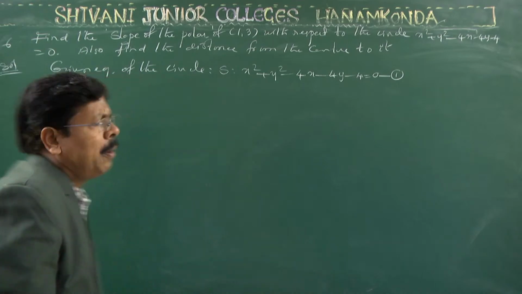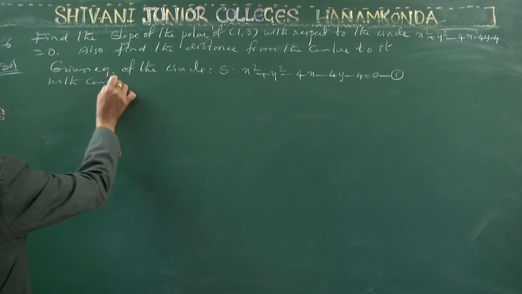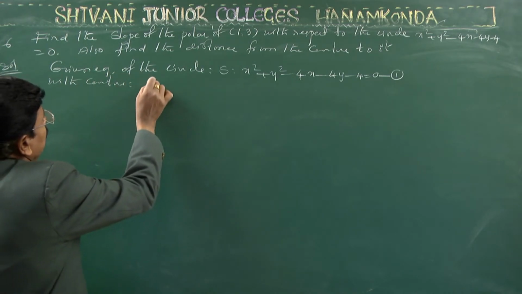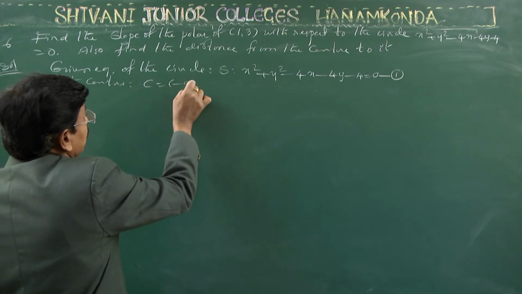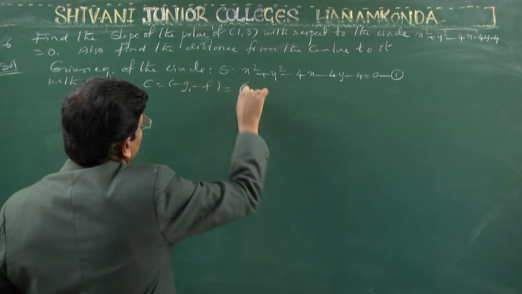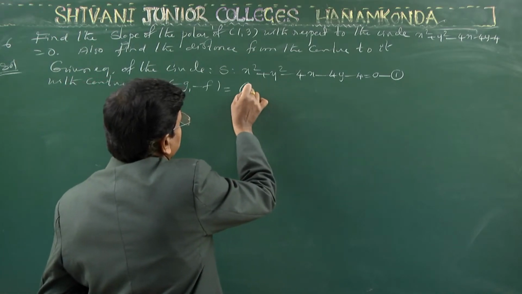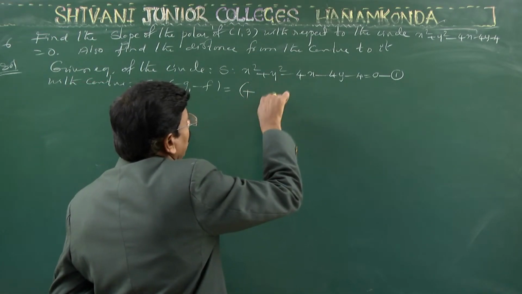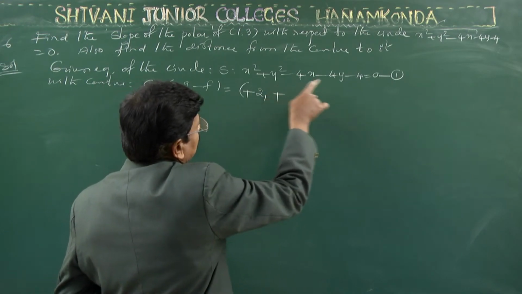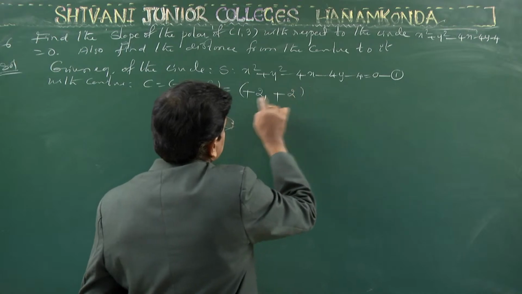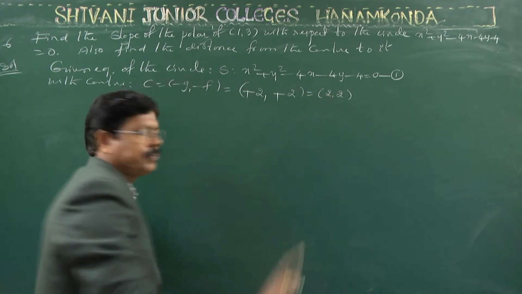With center, what about the center? It is nothing but (minus g, minus f), as I told in the previous class. Just observe that it is the opposite sign: plus 4 becomes minus 4, half of it is 2. That's all. We get the center, that is (2, 2).